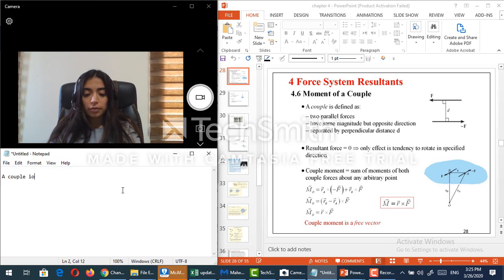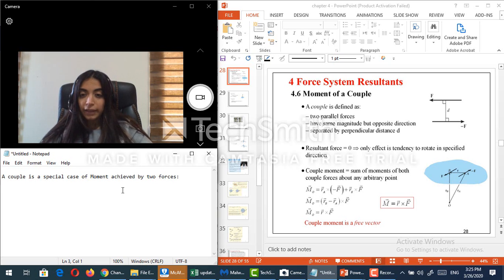So a couple is a special case of moment achieved by two forces. Now these two forces have certain conditions. The conditions are: one, they are equal in magnitude.